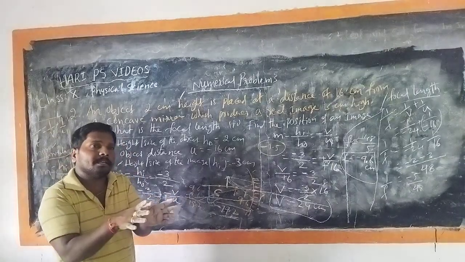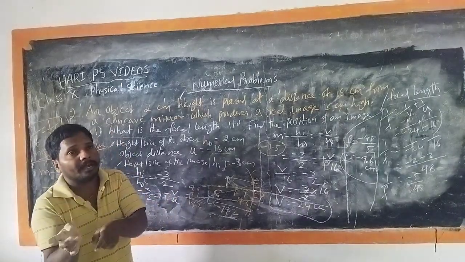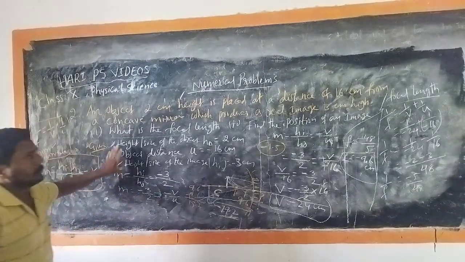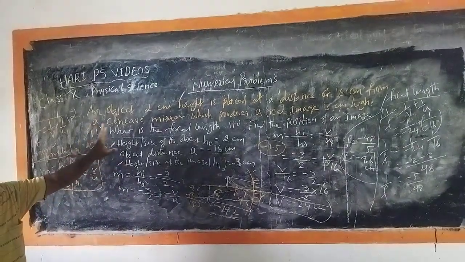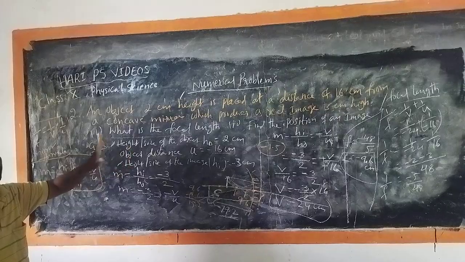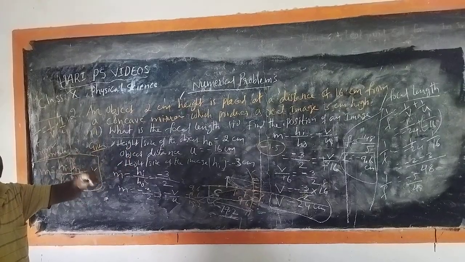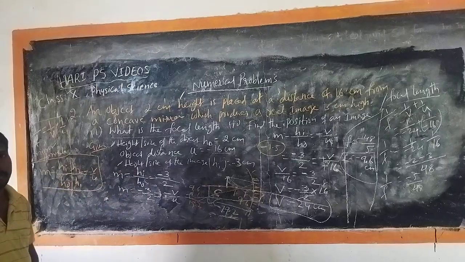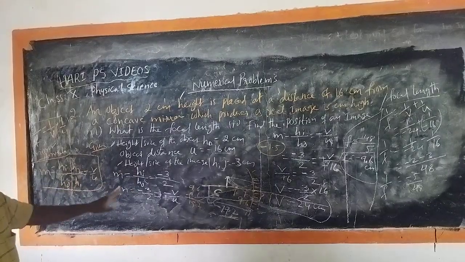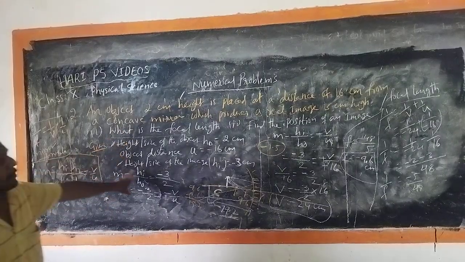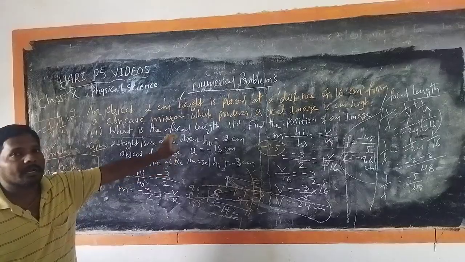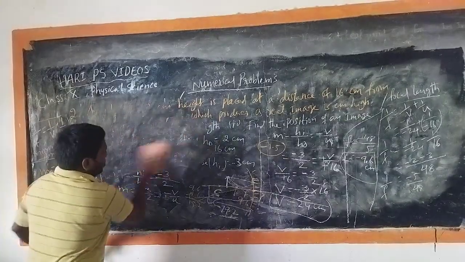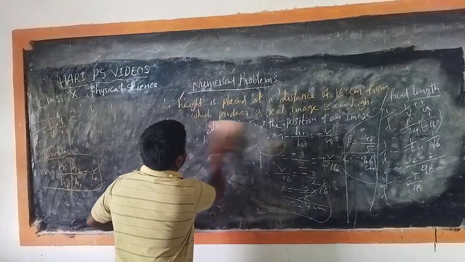When you understand the given values, you get the idea of which formula to use. When you know the position of the object, it is very easy to know the position of the image. Two problems were regarding the concave mirror. Let us discuss one more problem.